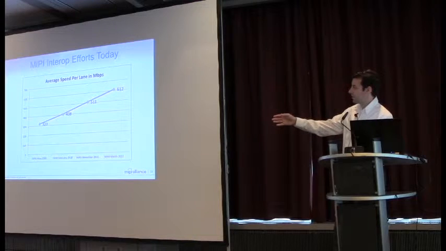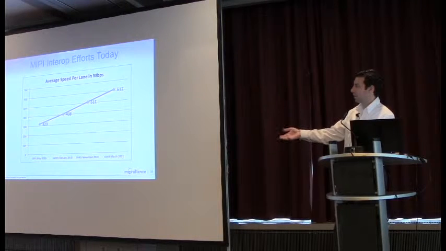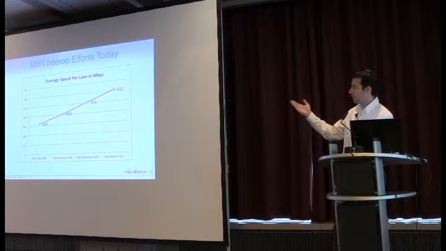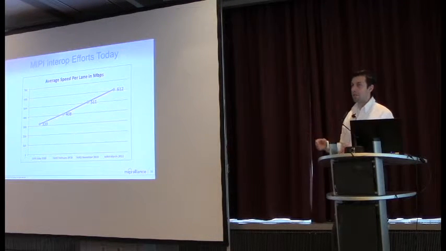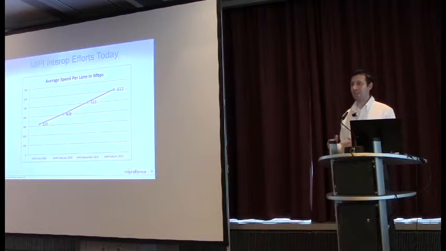So the first interop workshop was held back in 2009. Average speed of test cases performed there, 320 megabit. The one we performed just 2 months ago, March of 2012, almost double that, 612 megabits. So over time, we're seeing that DSI devices are getting faster. And that's what we'd expect.